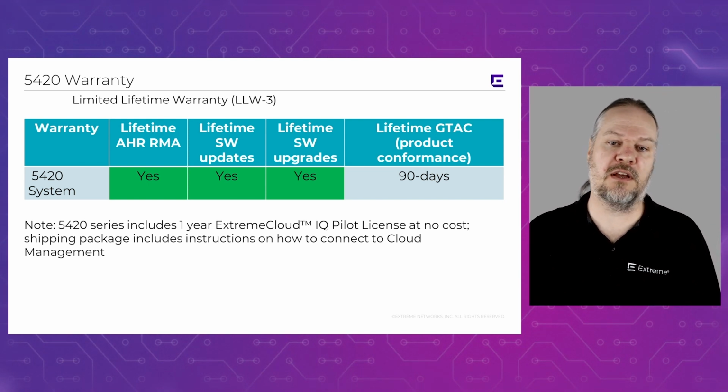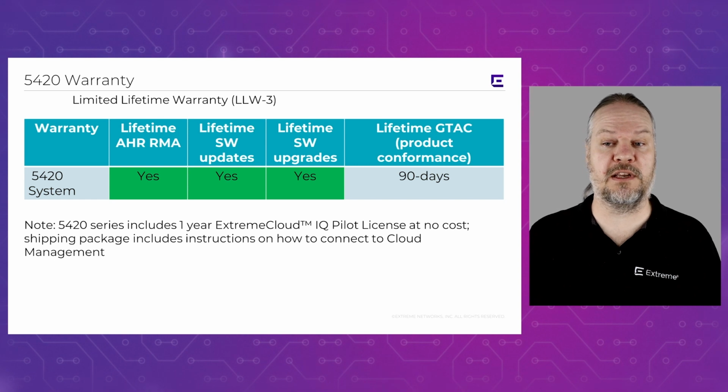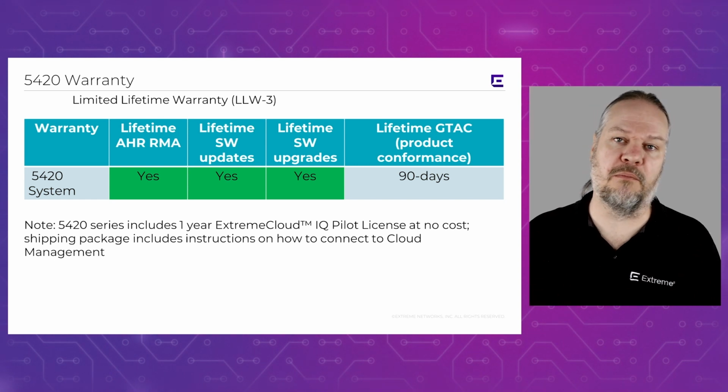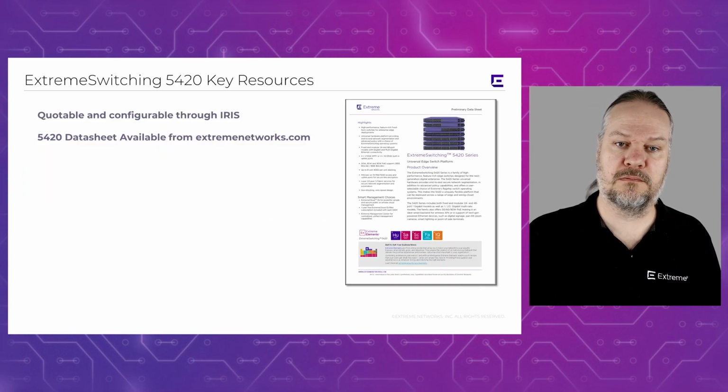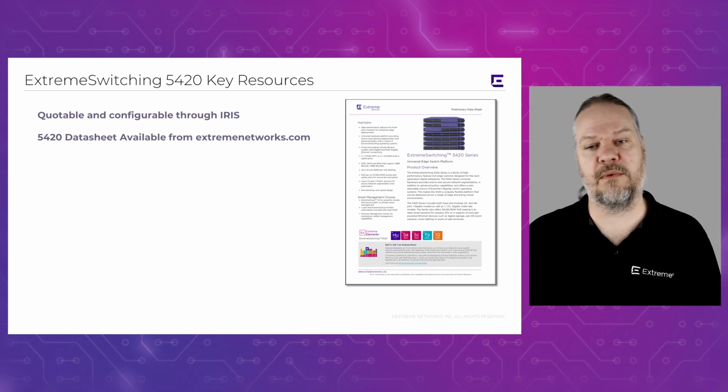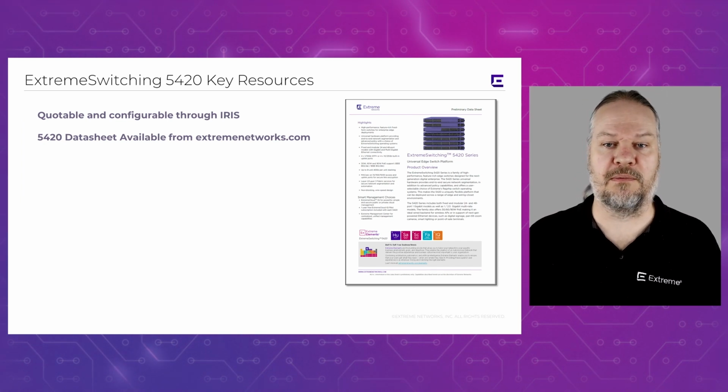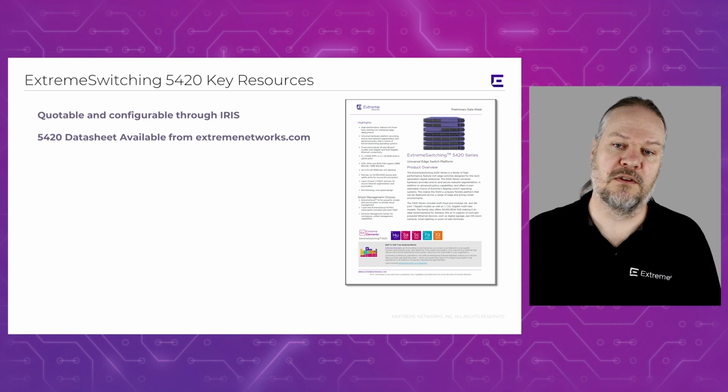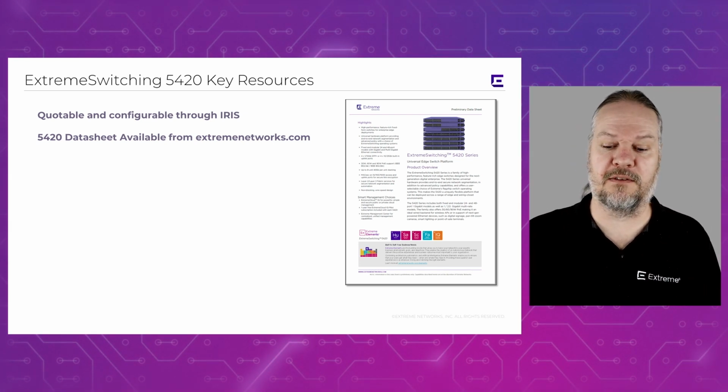And to make that even easier, the instructions for onboarding the 5420 to Cloud IQ are included in the box. Again, there's more information about the 5420 on Extreme's website, as well as Extreme's portal. So take a quick look at the datasheet for more details of the switch's performance and capabilities.